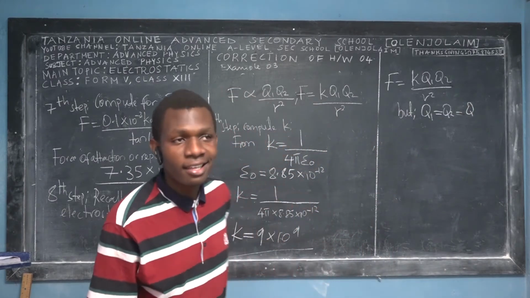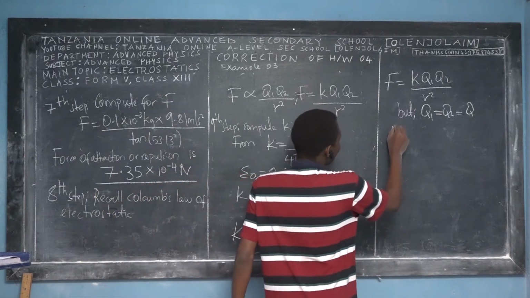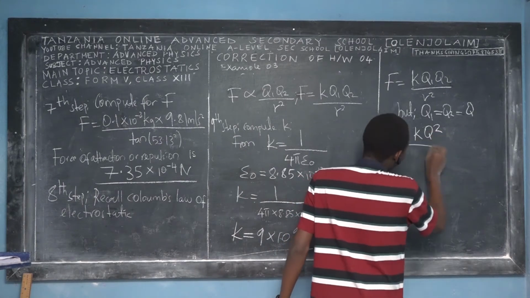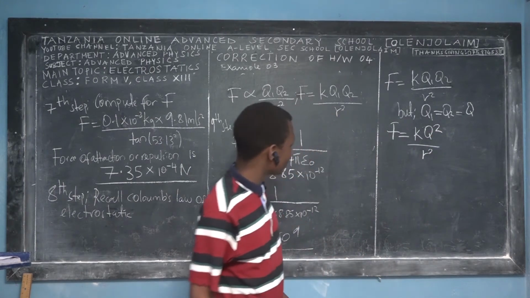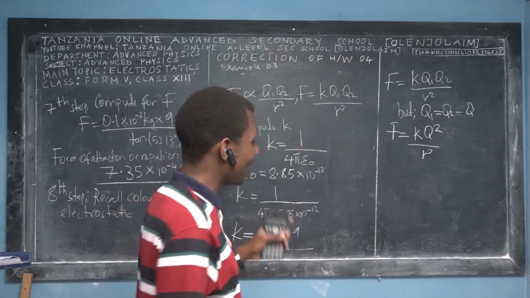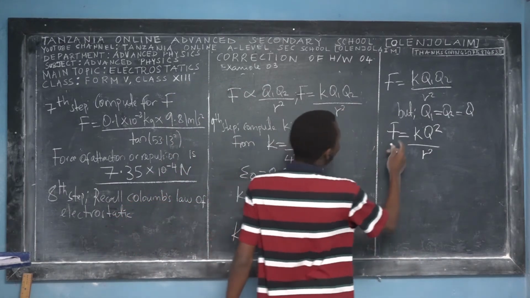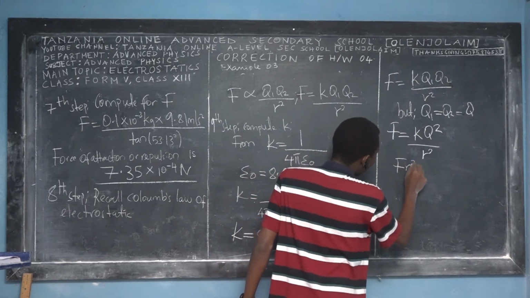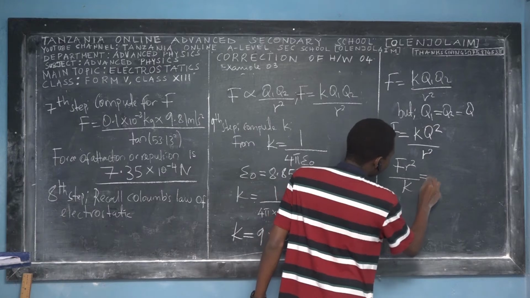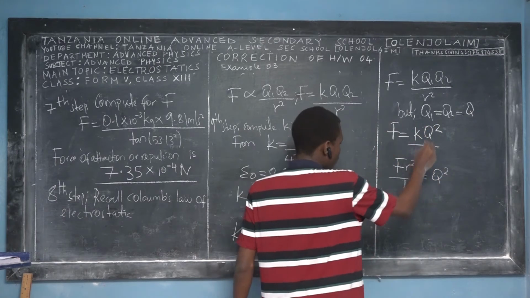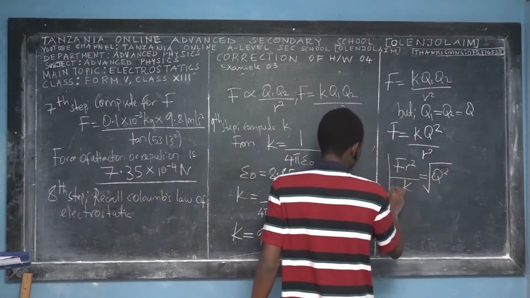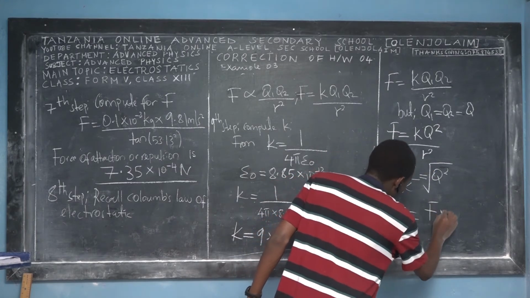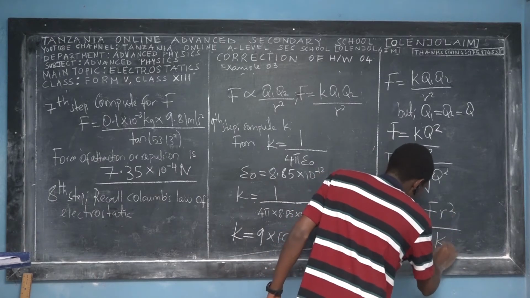Do you enjoy? So force is then equal to k q square over r square. I'm approaching the end of this question. So after here I have to make q the subject of the formula. F r square over k is then equal to q square. Introduce square root both sides. Then q is equal to square root of F r square over k.